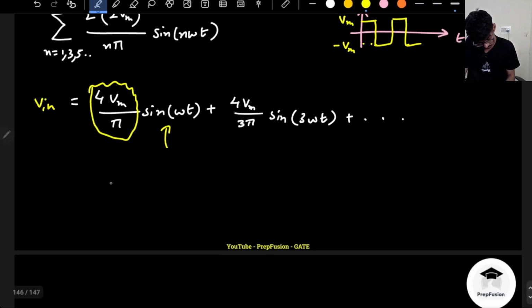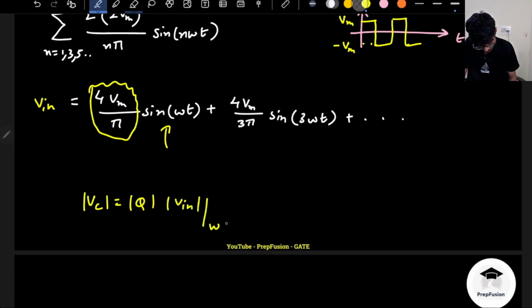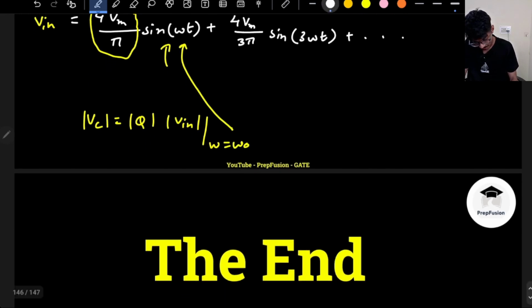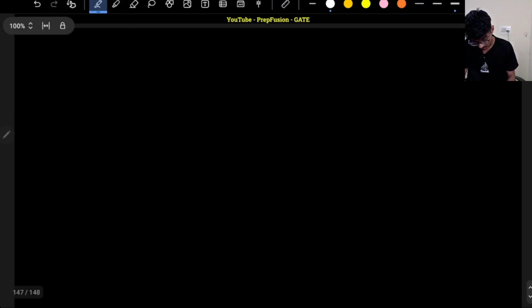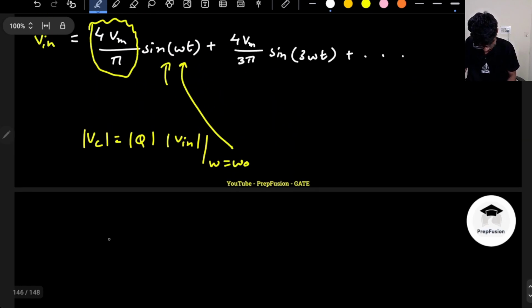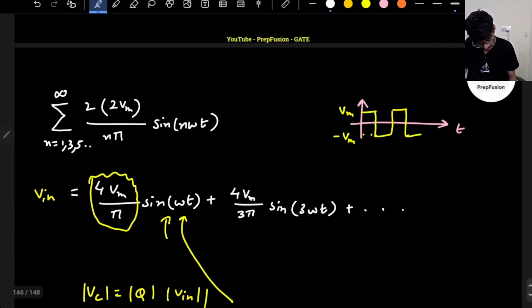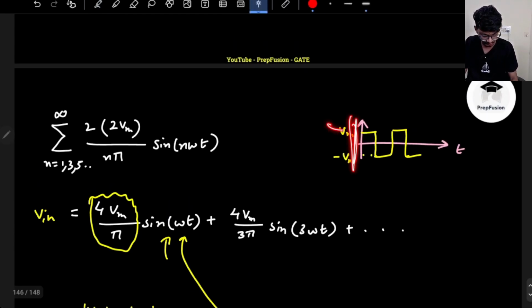So now I can directly say magnitude of Vc will be Q into magnitude of Vin, which is correct, but omega equals to omega naught, only this component. So now I can directly say that my magnitude of Vc will be equals to 4 Vm by pi. Vm is how much? Currently it is peak 15 plus minus 15.